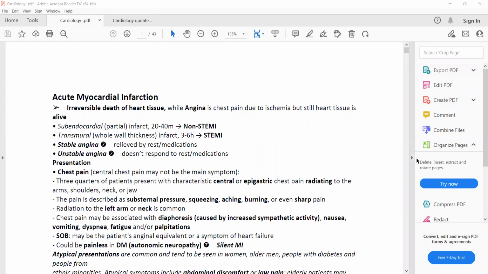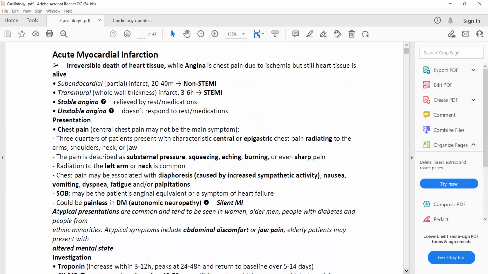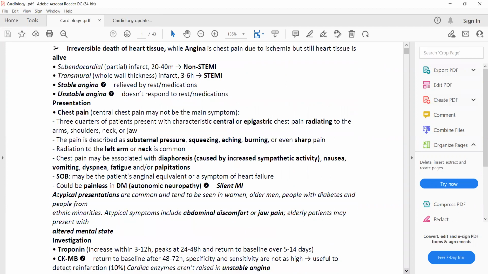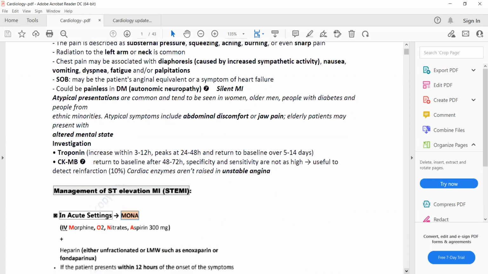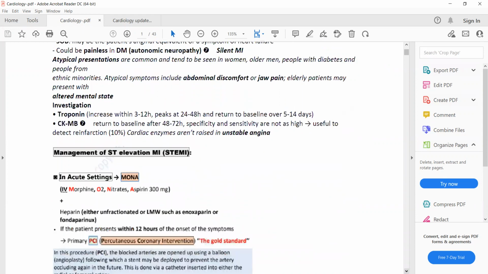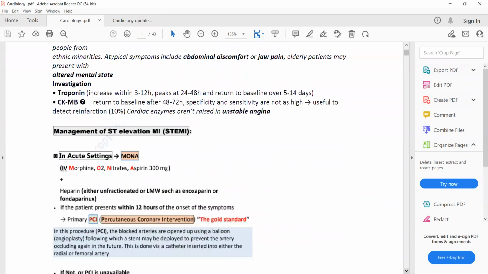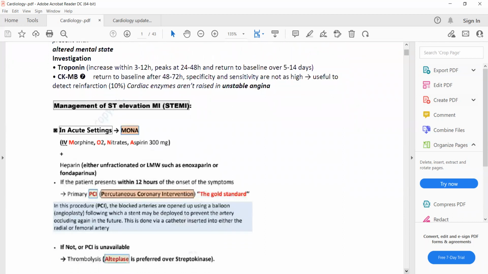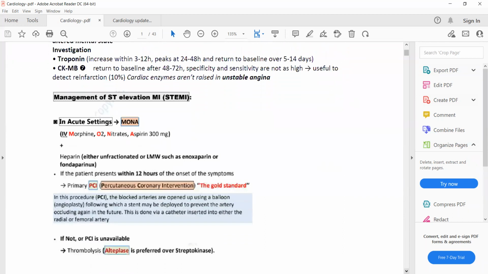Now, this was about the diagnosis of acute coronary syndrome: ST elevation MI, non-ST elevation MI, and unstable angina. Now, the management of all these three conditions is almost the same.